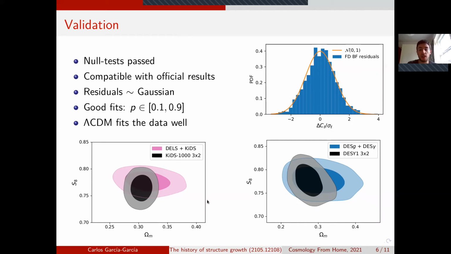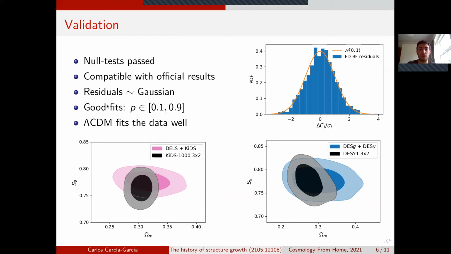For instance, we have much looser constraints on omega matter because our scale cuts on the clustering are much more conservative. However, we find slightly better constraints on S8 because we go a little bit higher in L than the collaborations on weak lensing, and that helps to constrain S8 better.